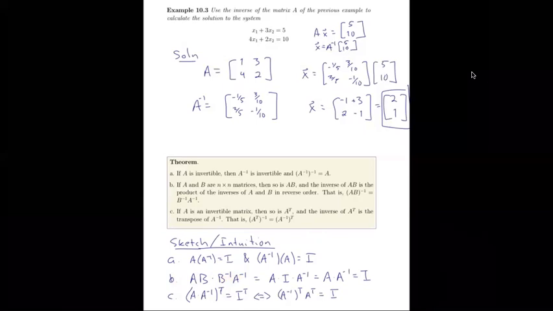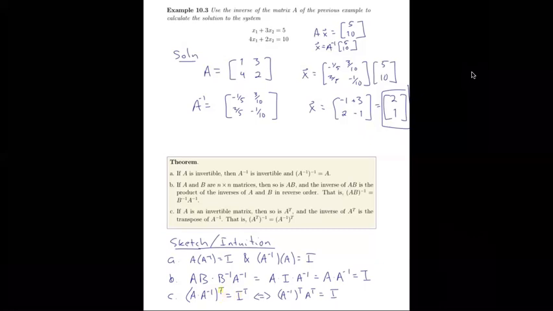Now for the third part of the result, the transpose of A inverse. Well, remember that A times A inverse is equal to the identity matrix. So if we take the transpose of this, then we have that this is equal to the identity matrix transposed, which is just equal to the identity matrix. I challenge the reader to check that on their own, that if you transpose the identity matrix, you get the same identity matrix.